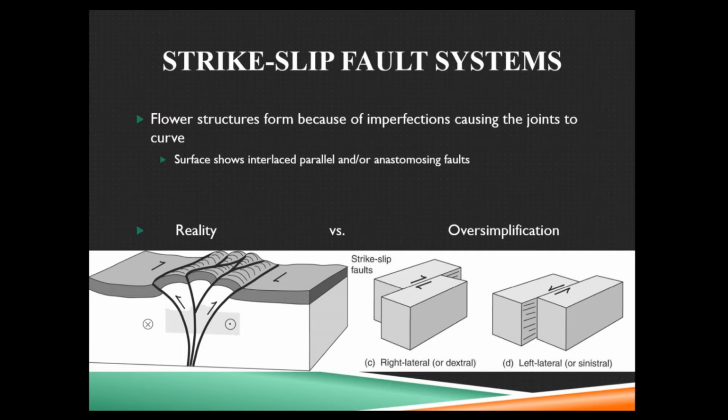The faults curve, creating transtension and transpression, so we have some uplift and some sag, kind of alternating, creating this anastomosing fault array. And so from the top we see the anastomosing structure, from the side we see a flower structure.